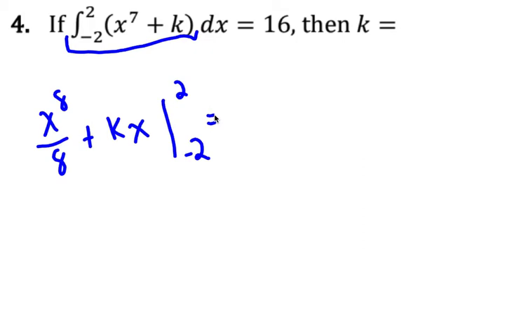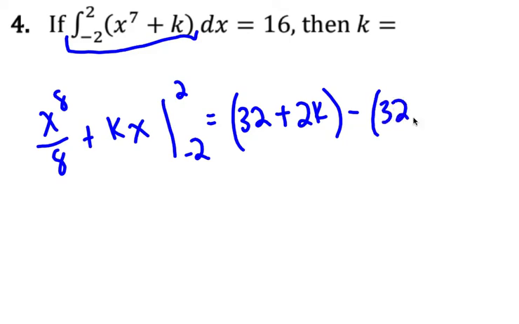So let's plug 2 in. 2 to the 8th. 2 to the 8th is something. I think that whole thing becomes 2 to the 5th, which is 32. Plus 2k. Minus. -2 is going to be the same thing.